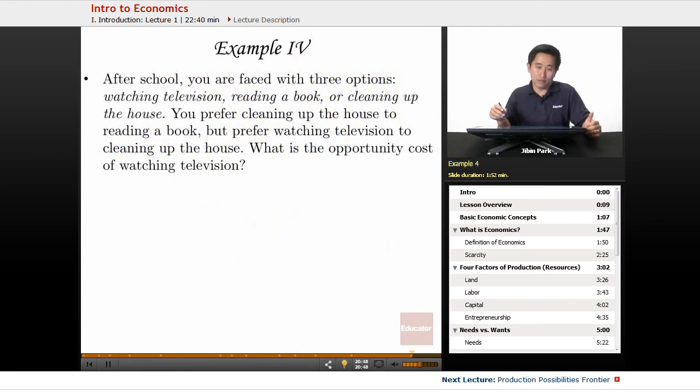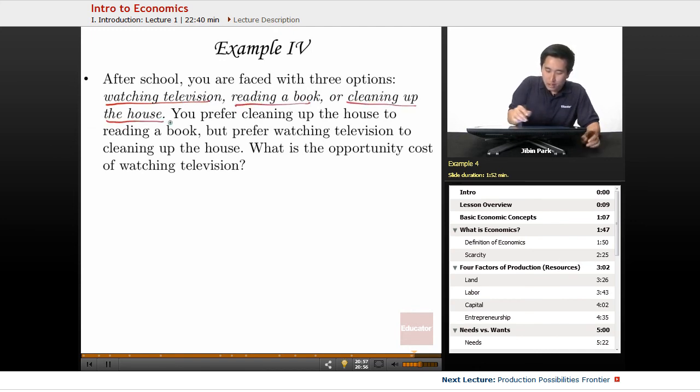Another example: let's say that after school you're faced with three options: watching television, reading a book, or cleaning up the house. In order of preference, you prefer cleaning up the house to reading a book, but you prefer watching television to cleaning up the house. So the first thing you'd prefer is watching television.